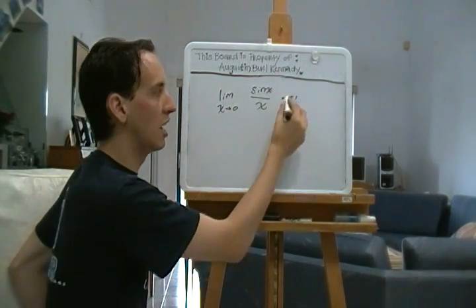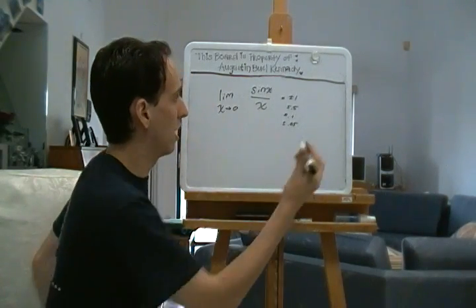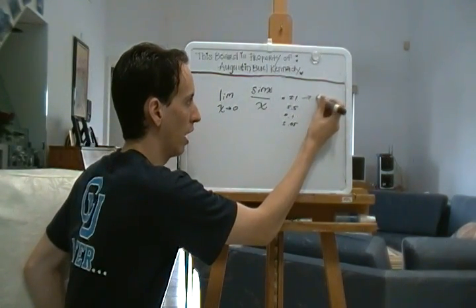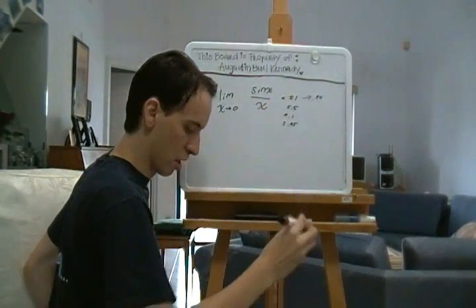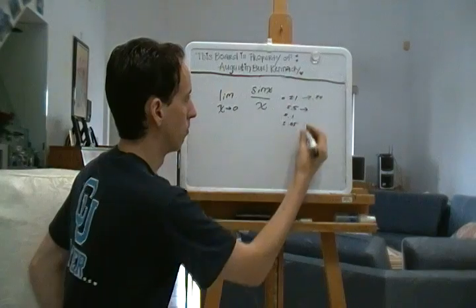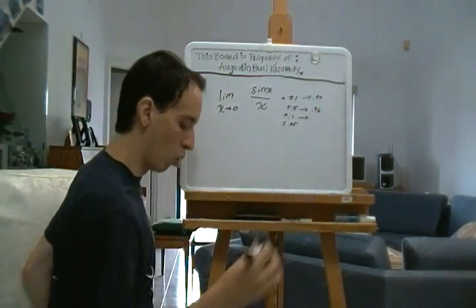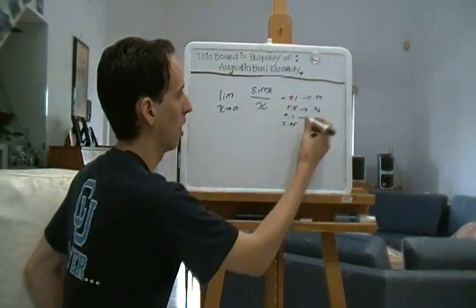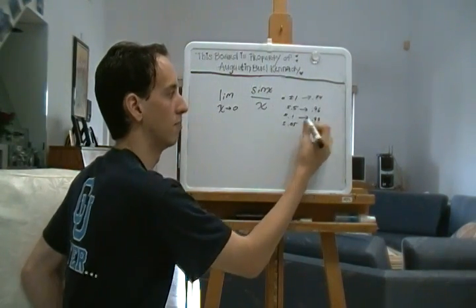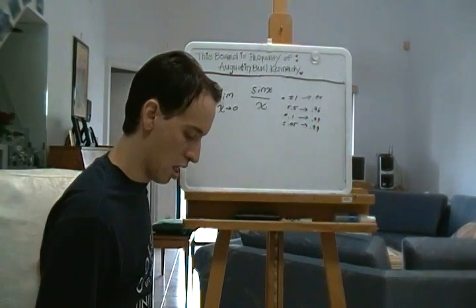Plug in x equals 1, plug in x equals negative 1. Write down what you get. You should get 0.84 something. For x equals 0.5, you should get 0.96 something. For 0.1, you're going to get 0.99.